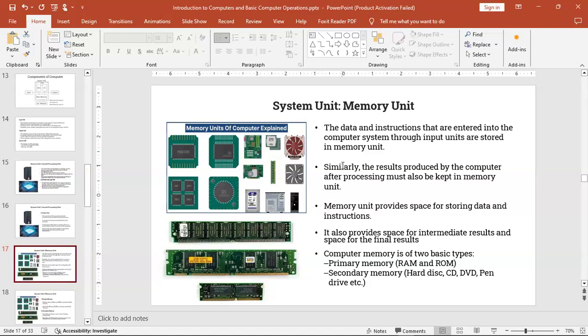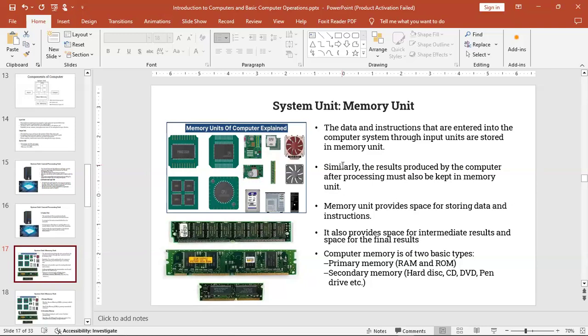And after they have been successfully processed and sent to the output, data is not destroyed. How do we know that information is not destroyed? They have to be stored back permanently or temporarily. That's why we have the hard drive, we have our flash, we have our USB keys.